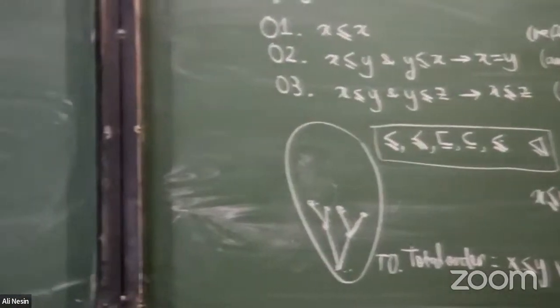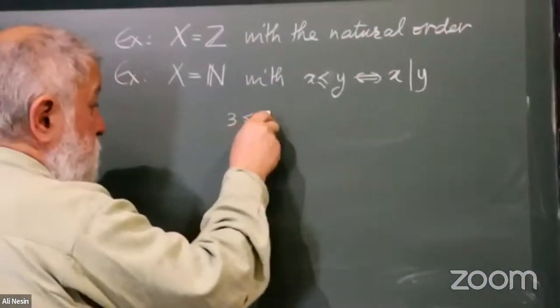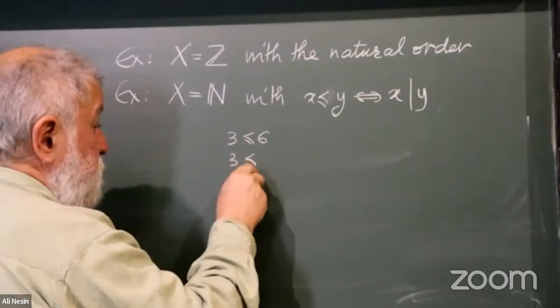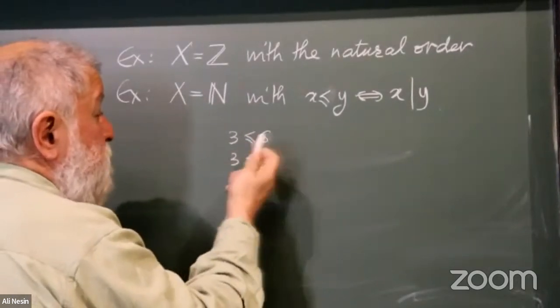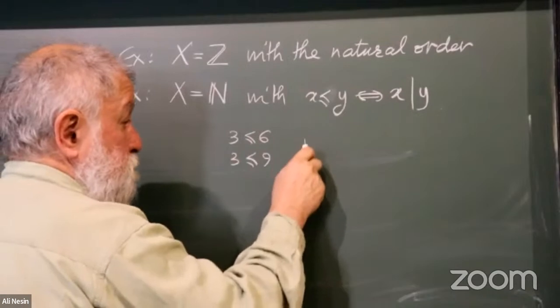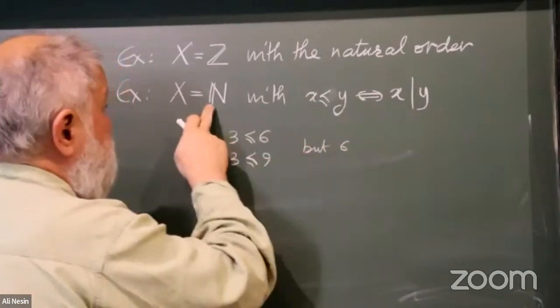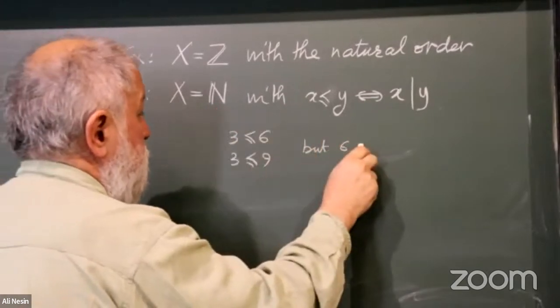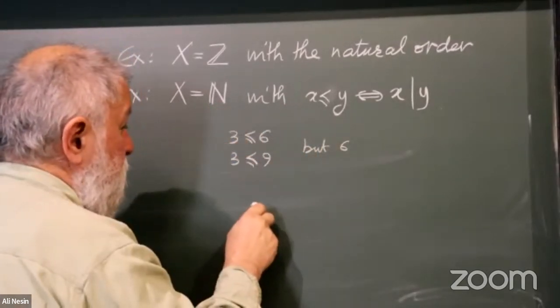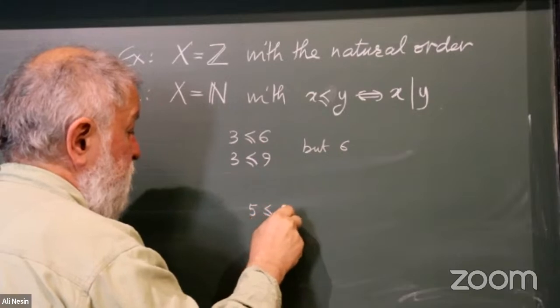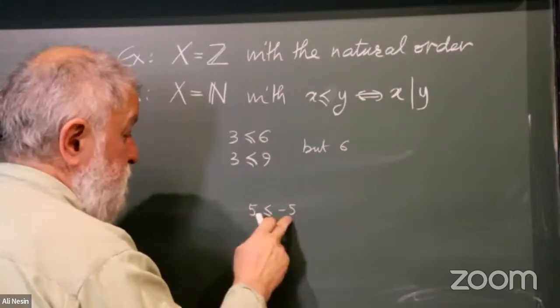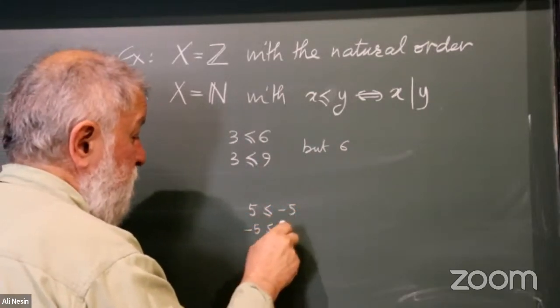So, for example, here, 3 is less than or equal to 6. 3 is less than or equal to 9. But 6 and 9 are not comparable. Actually, with Z, this will be false, because 5 is less than or equal to minus 5, since 5 divides minus 5, and minus 5 is less than or equal to 5.